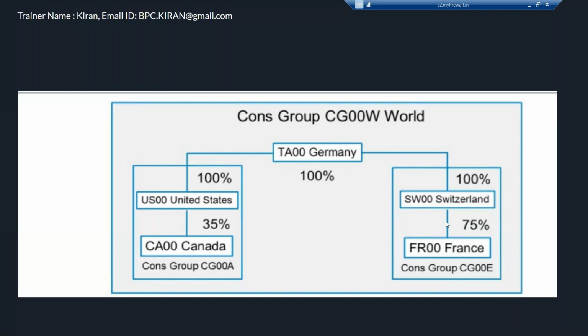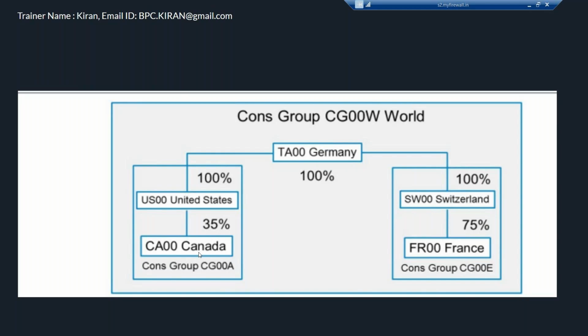I said only Germany, United States, Switzerland, and France. I skipped Canada. Why? Because Canada is called the equity method. The US investment in Canada is less than 50%. When less than 50%, we will not consider the entire financial statement of that consolidation unit or legal entity in the group.